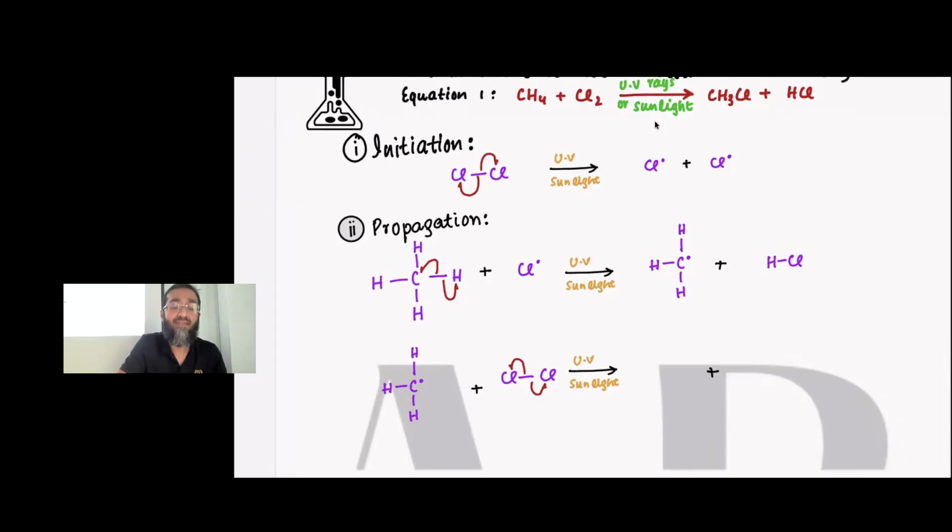Actually, the thing is that all these reactions are taking place randomly. It doesn't mean that after this, that is going to happen. There might be a possibility that one methane molecule and one chlorine molecule both break their bonds.